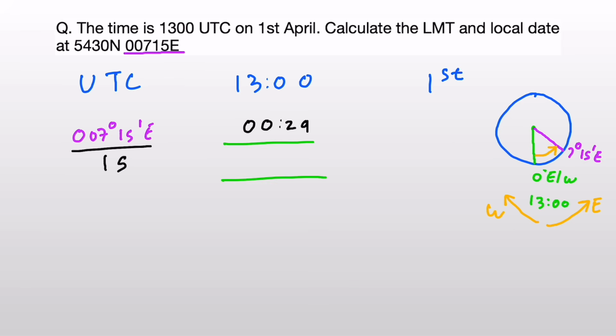So we'll add and we get 1329. And since the day did not change, it will be on the 1st. So the local time at this coordinate is 1329 hours on the 1st. You see how easy it was? It is just going to take some practice and you'll be perfect with these questions.